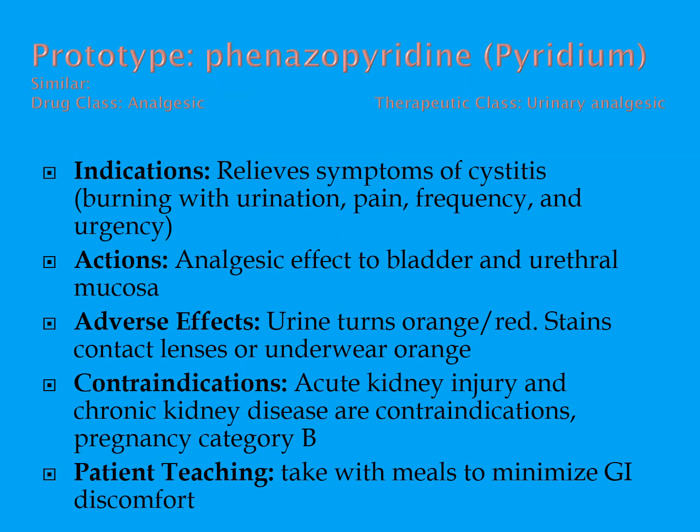Okay, so the next medication is actually not an antibiotic. It's a urinary analgesic. It's called phenazopyridine or pyridium, and it's very effective at relieving the symptoms of a bladder infection.